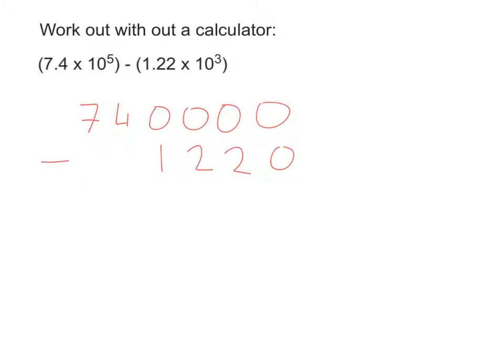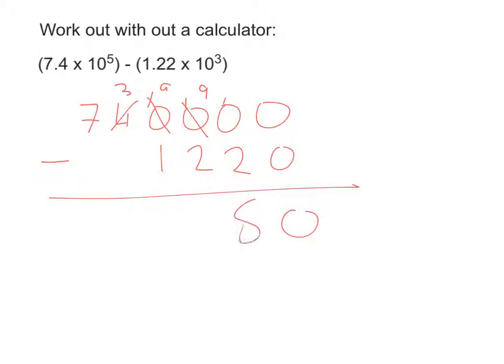So 0 take away 0 is 0. We can't do this, so we're going to have to borrow. Can't do that, so I have to borrow from there. So 10 take away 2 is 8, 9 take away 2 is 7, 9 take away 1 is 8, 3 take away nothing is 3, and 7.